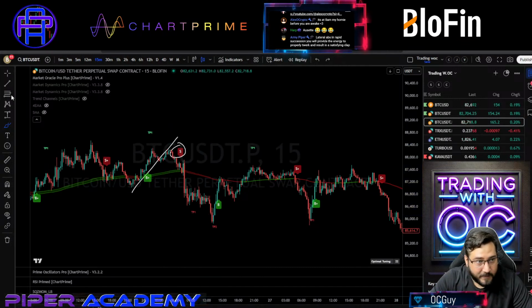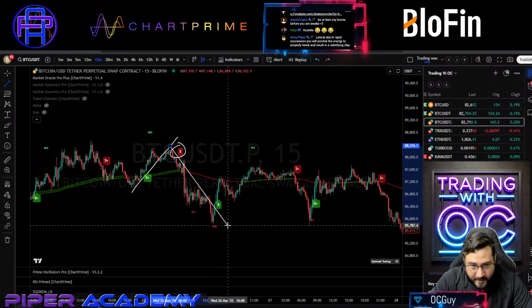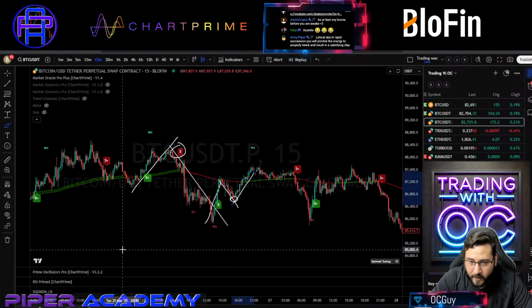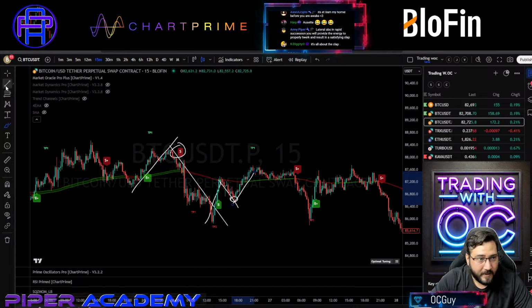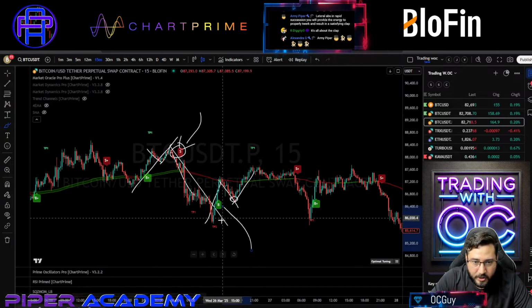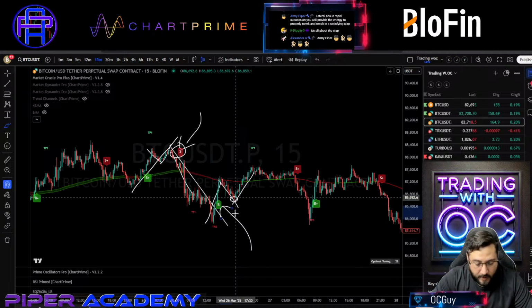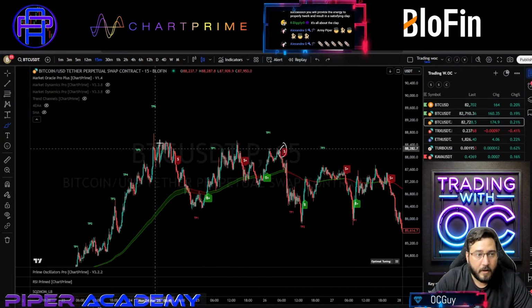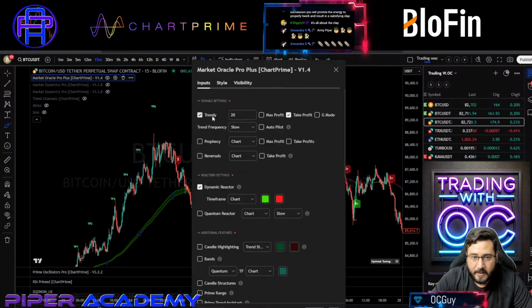And also using the same strategy, guys: trend line, breakout, retest, your entry, off we go. What happens here? Trend line, breakout, retest, and off we go with your confirmation indicator right there. So that is the benefit of using a lower setting on your trend setup here.